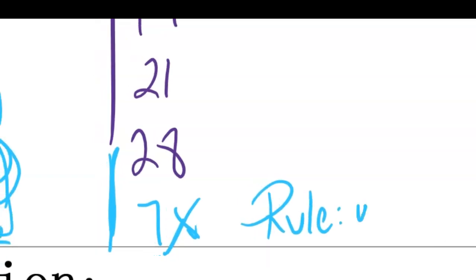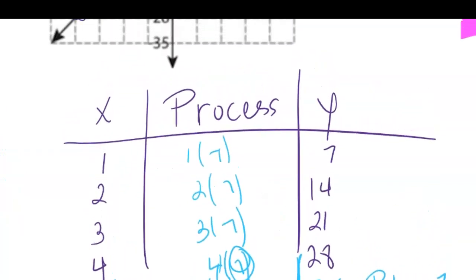Our rule for this one will be y equals 7x. Again, why is it y? Because it comes from this side. So make sure you are able to distinguish why that came from y, and it's because it's coming from this part of the table.